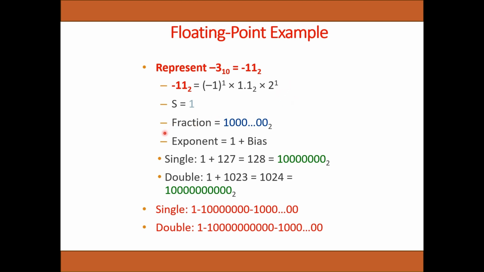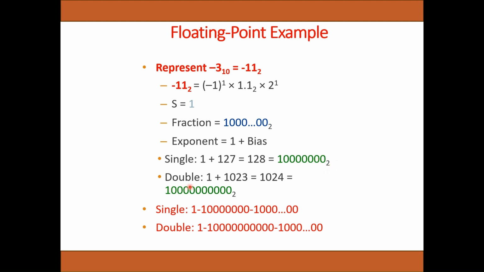So the fraction will be 1 and then 22 bits of 0, since the total fraction is 23 bits, and the exponent was 1. With this 1 you add the bias 127, it becomes 128, and this is the binary representation of 128. So if you are representing -3 as a single precision number, this will be your exponent.